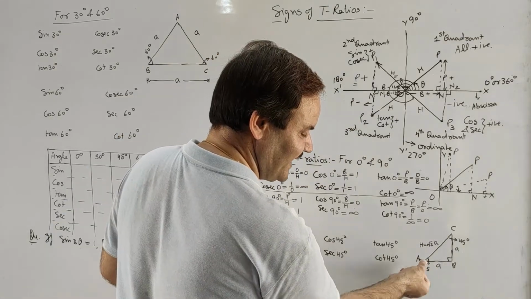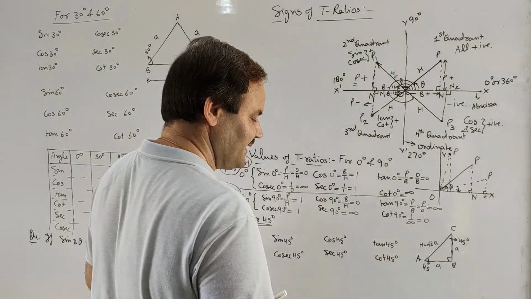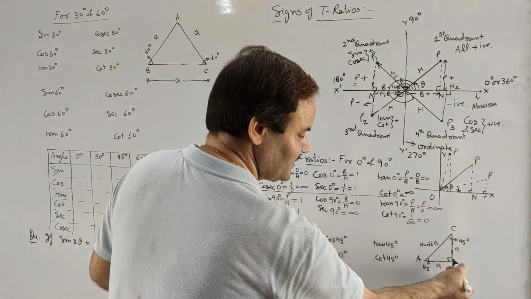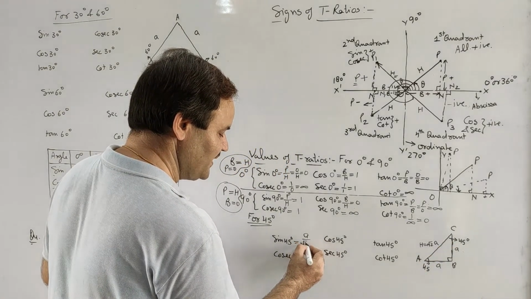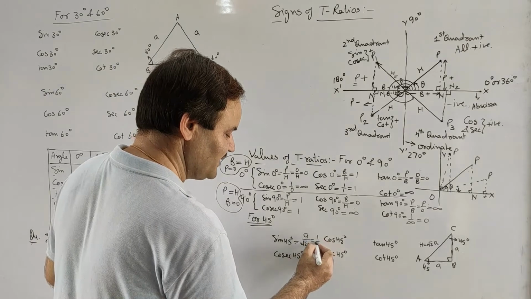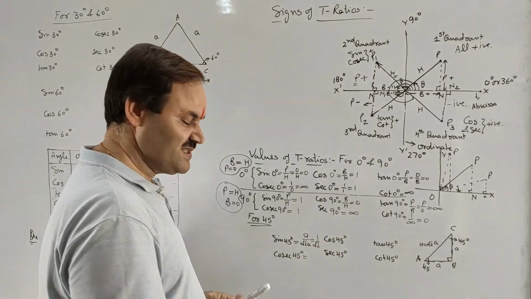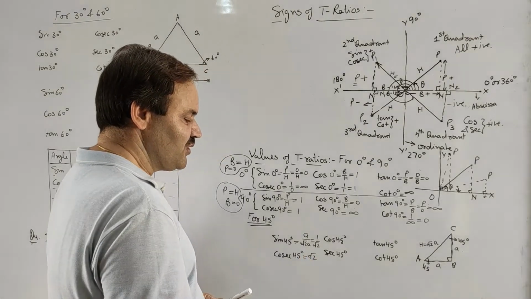Now we can take either angle A or angle C. Say if we are taking angle A, sine 45 degree is perpendicular upon hypotenuse, means A upon root 2 A, that is 1 by root 2, and cosec 45 degree being reciprocal of this will become root 2.